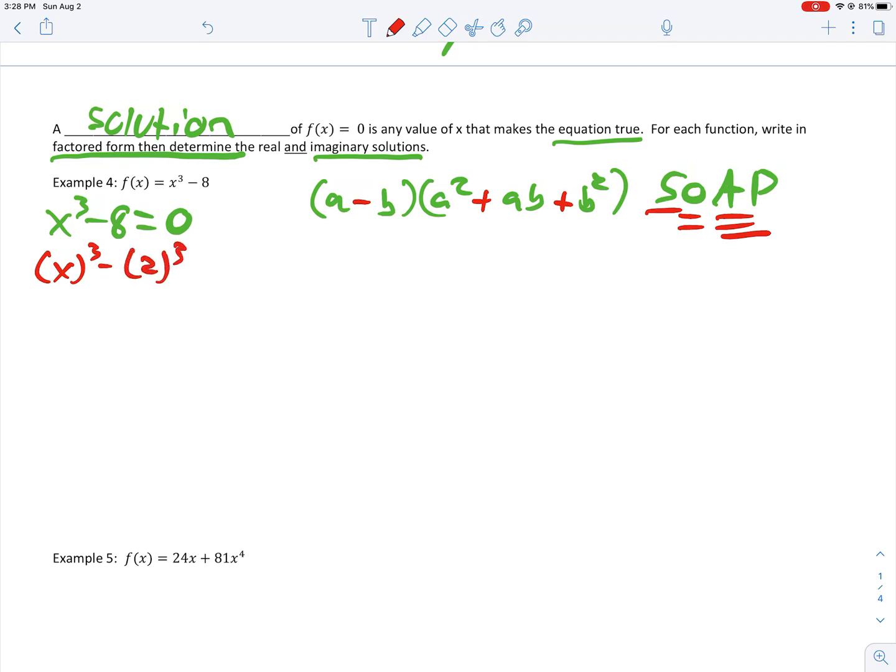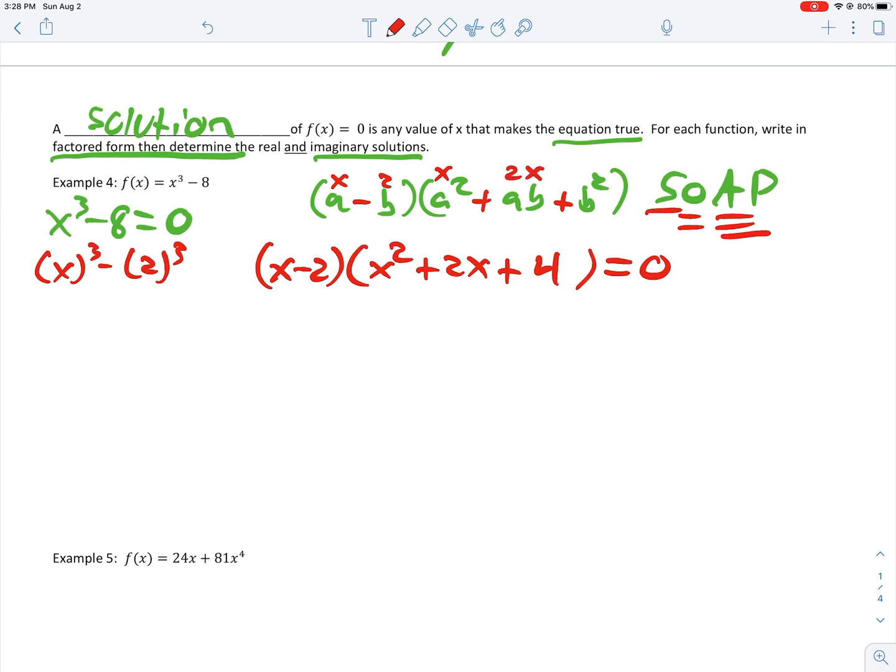Okay, so we're cubing x, and we're cubing 2. So this is going to be x minus 2, times x squared plus 2x plus 4. Right? Because this is x, this is 2x, 2x, 2.